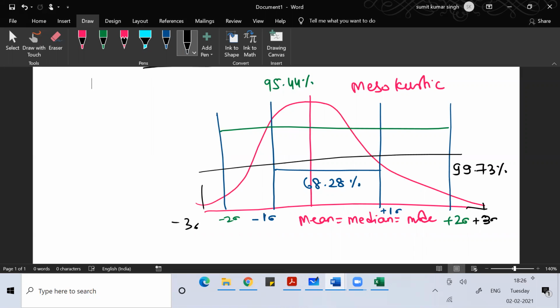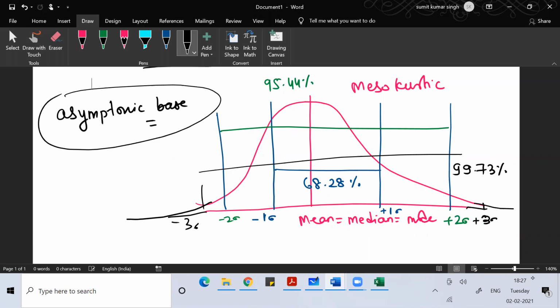A normal distribution curve has an asymptotic base. Asymptotic base means this line will never touch the x-axis.